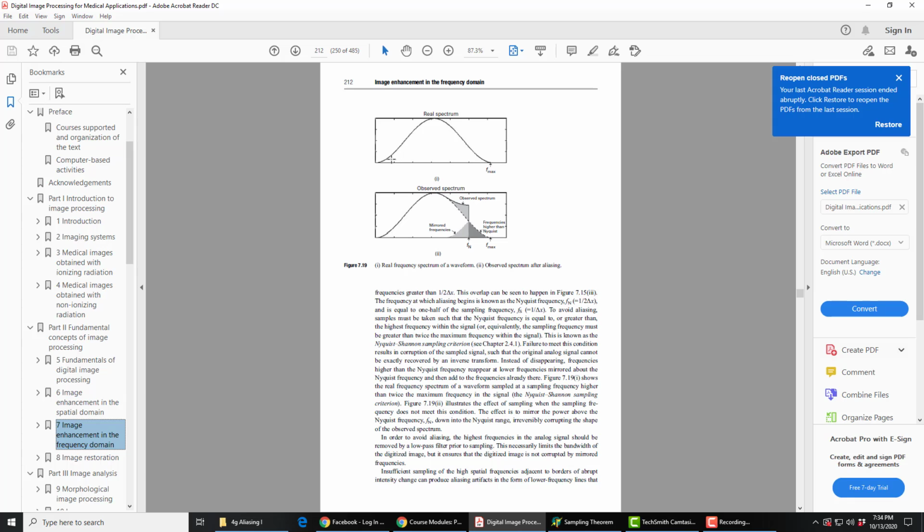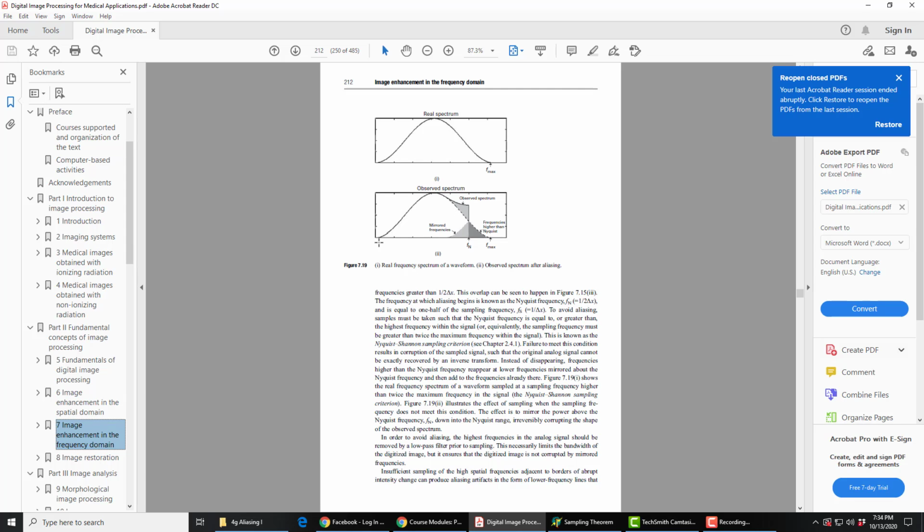If we have a real image made up of a whole lot of frequencies where the highest frequency is F max, then we know we should sample that at a frequency, this is frequency here, greater than twice F max. So it would be way out here. It has to be more than double that F max.